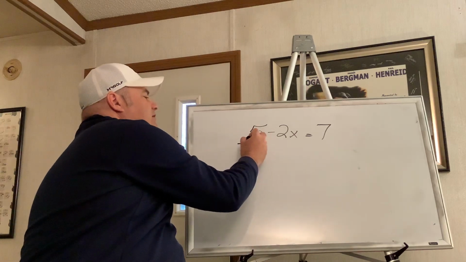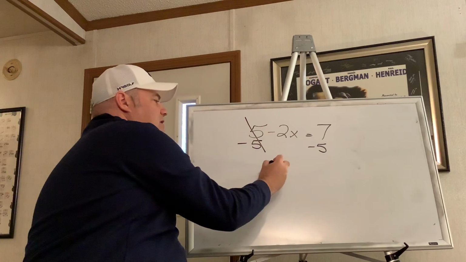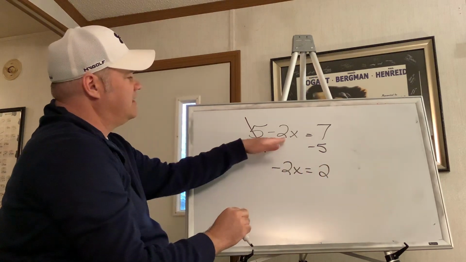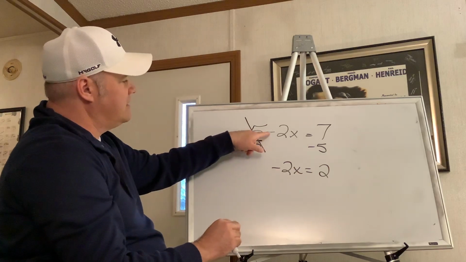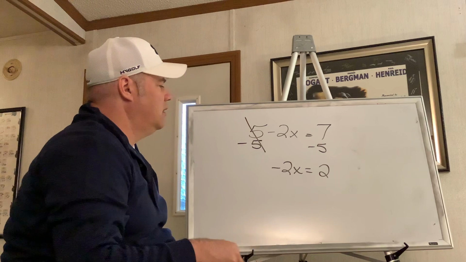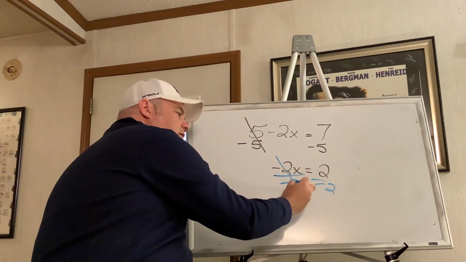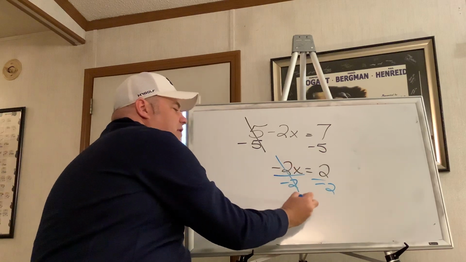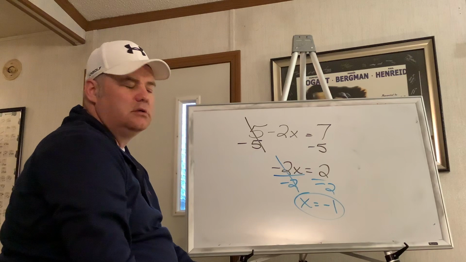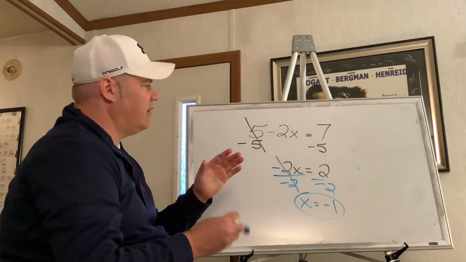You can still move this 5, and it cancels out. Just be aware that now this is a negative 2x, this negative is here. And so when you go to divide, make sure you divide by a negative 2. So the full thing cancels out, and in this case you get negative 1. So don't necessarily throw out your negative rules just because we now are two-step.